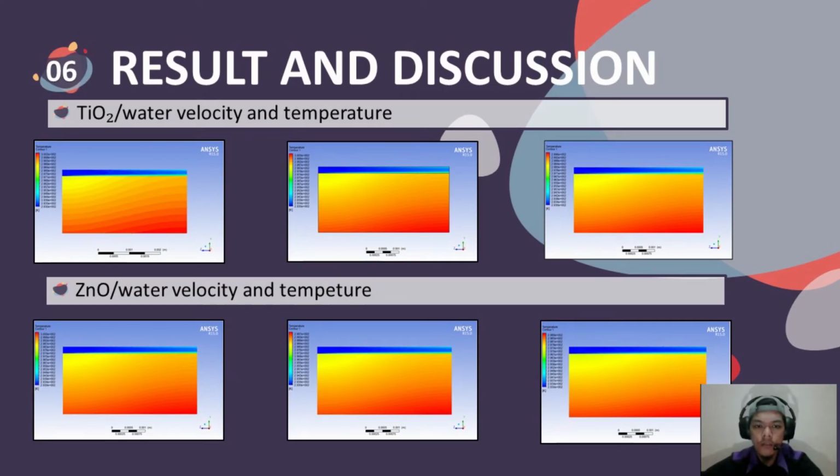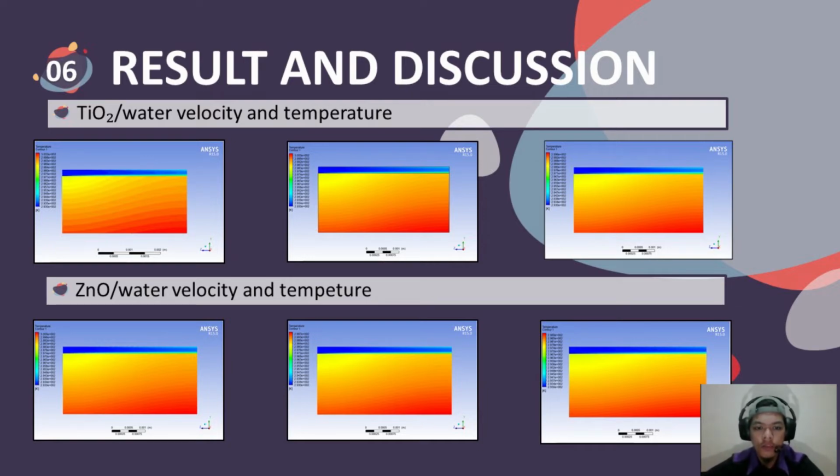The first one is titanium, the velocity and temperature. The first one is 1 concentration. The middle one is 2 concentration percent, and lastly is 8 concentration percent.